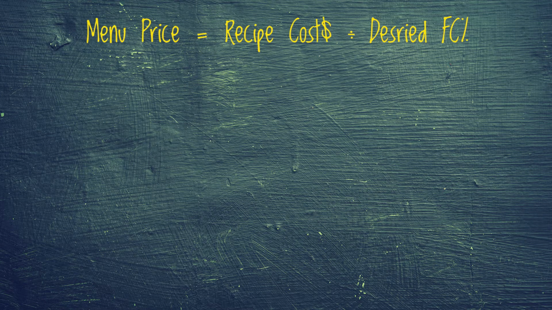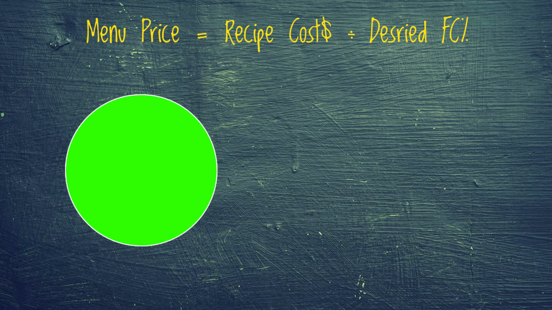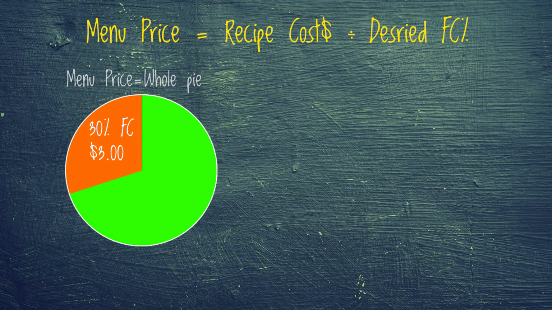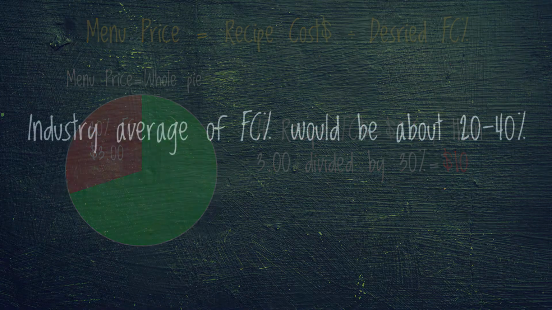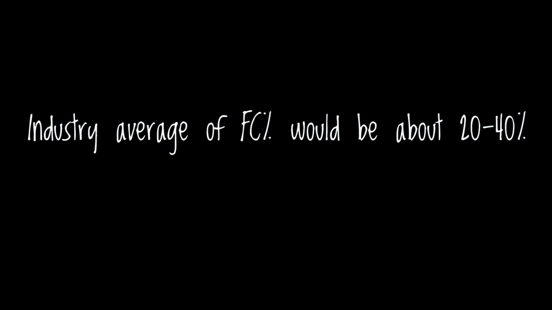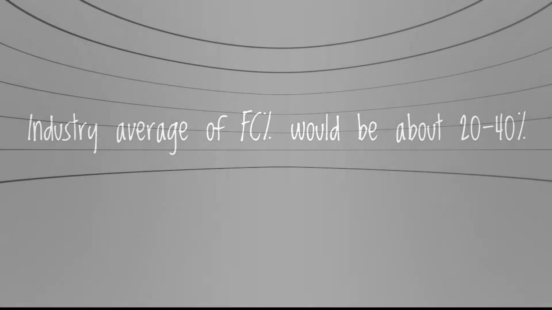For this method, you take the recipe cost of an item and just divide by the desired food cost percent, and you would get the menu price. Average food cost percent would be about 20 to 40% in the industry depending on the operation.